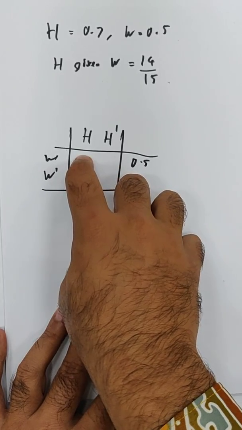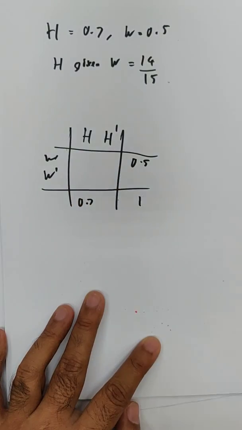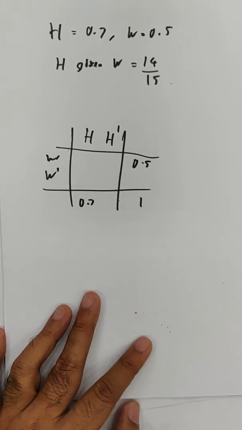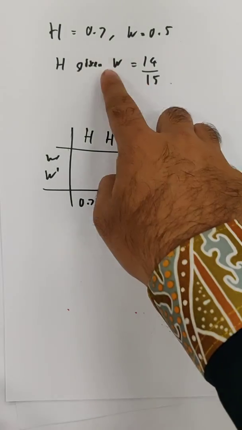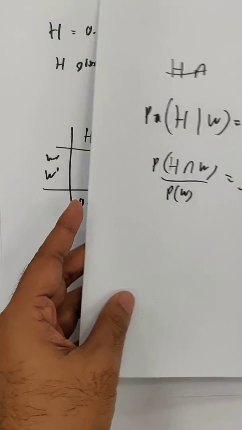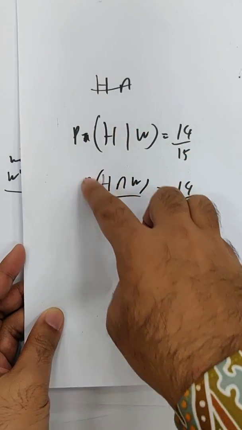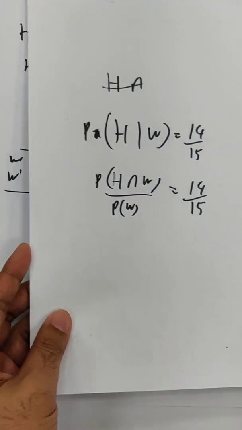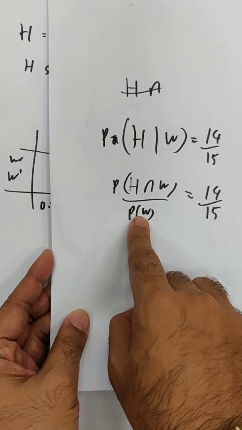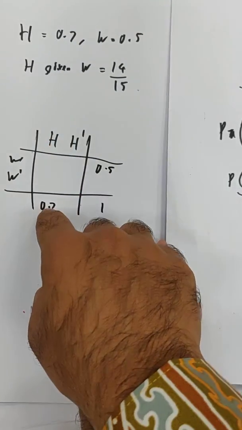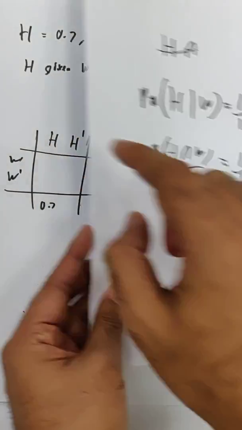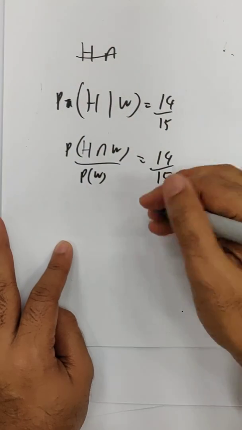How do we find this intersect? Well, through what we have said just now, husband given wife is this far. And what do I know about wife? Yes, I know wife is 0.5, so I can substitute.